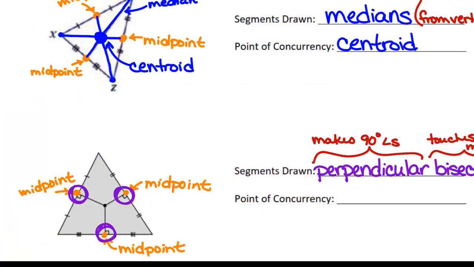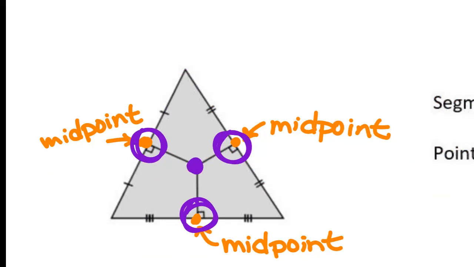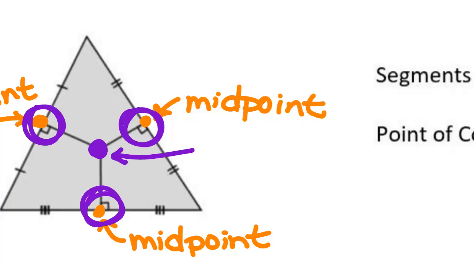And what do we call the point of concurrency where those 3 perpendicular bisectors come together? Not the centroid. That was where my medians intersected. But it does start with a C. Go back and look at number 4 if you need to. Circumcenter, yes.